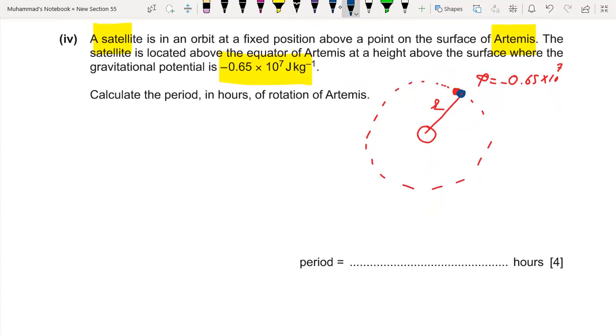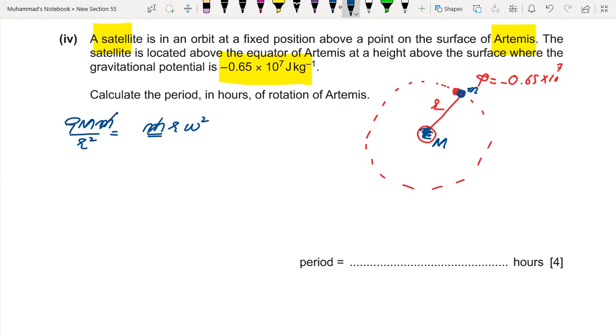So gravitational force, G M m over r squared, is equal to m r omega squared. Here small m is the mass of the satellite, and capital M is the mass of the planet.